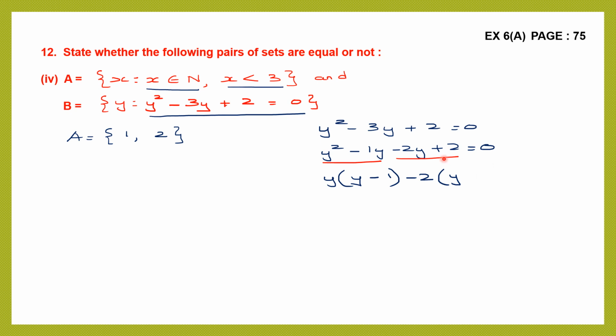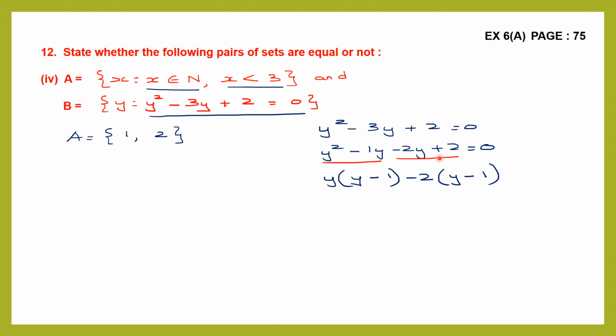And here, since I already have minus 2 here, and I have to make it plus 2 inside. Now 2 is already there, so I don't have to put 2 inside. I have to put 1, because minus 2 into 1 should give me minus 2. But this is plus. Because it's plus, I have to put a minus sign here, minus 1. Now here, as you can see, minus 2 into minus 1.